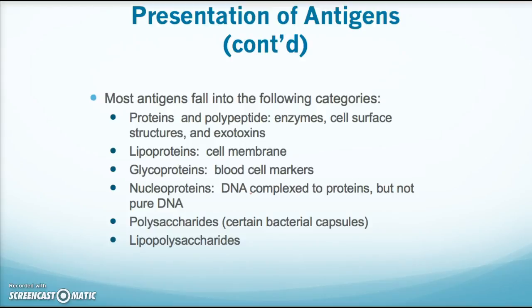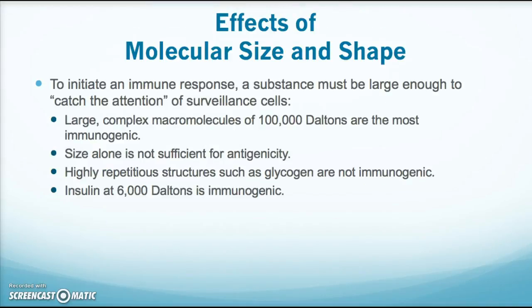One of the things that we have to keep in mind is that the size and shape does matter when we look at antigens. First of all, they have to be large enough that they catch the attention of the surveillance cell. In this case, we're talking about macromolecules that are at least 100,000 Daltons. That's a size that is big enough that our surveillance cells will notice them.